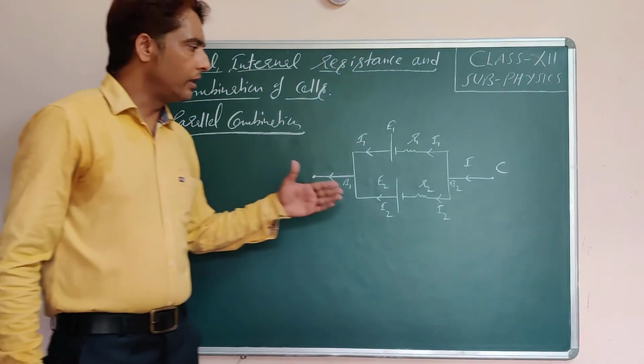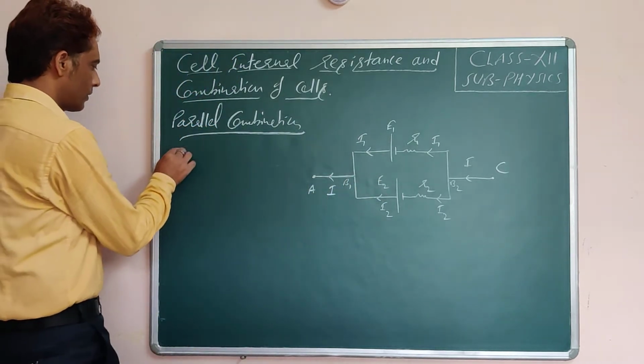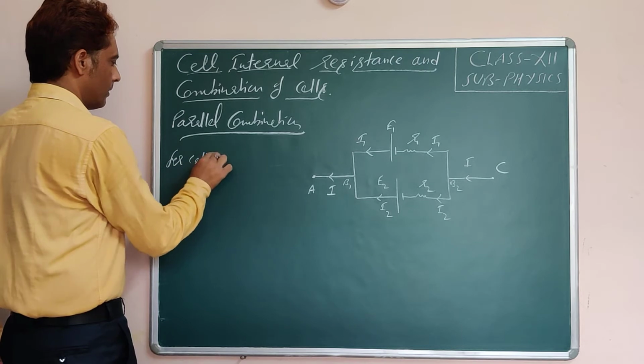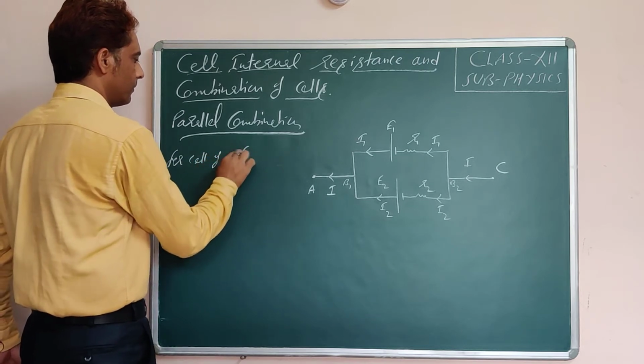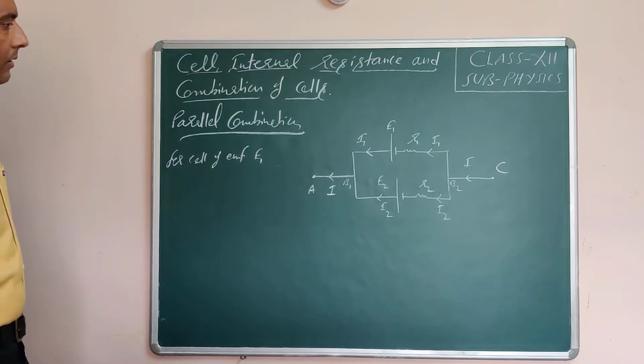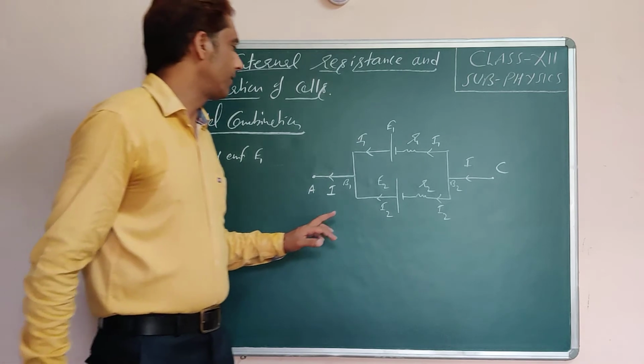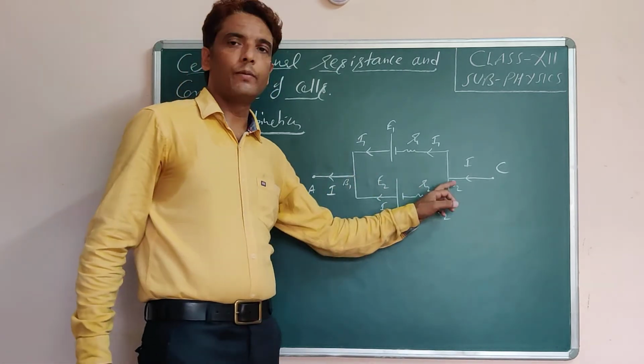So again we have to find the equivalent EMF and equivalent resistance. For the cell of EMF E1, let V be the potential difference between points V1 and V2.